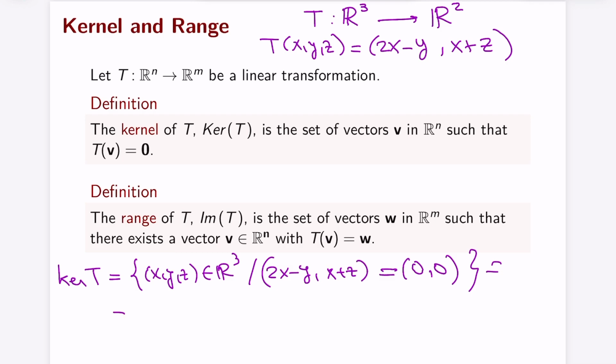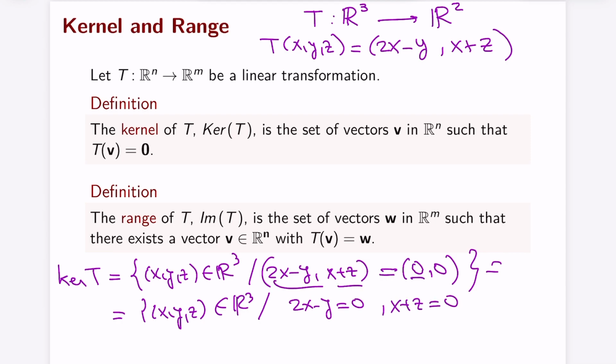And we can calculate what vectors these are by just solving the system of equations. So we can say that this is the x, y, z in R3 such that 2x minus y is 0 and x plus z is 0, right? That will have to happen for these two vectors to be the same.